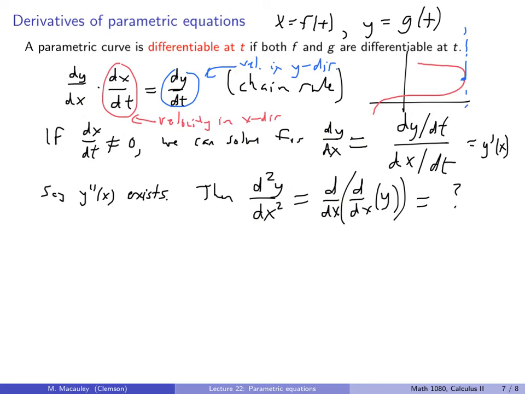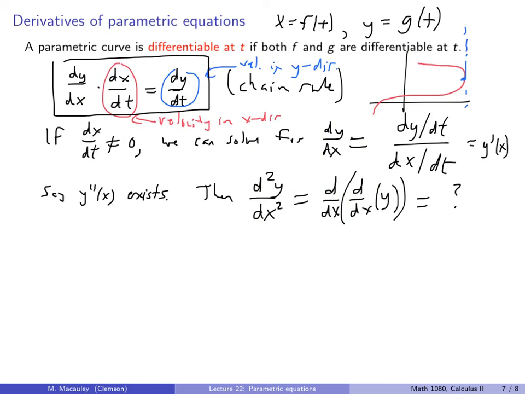To do this, we just look back at the chain rule. This formula, I've used a bunch of different colors, so let me box it in black. We can use the same formula, but instead of plugging in y, let's plug in y prime.